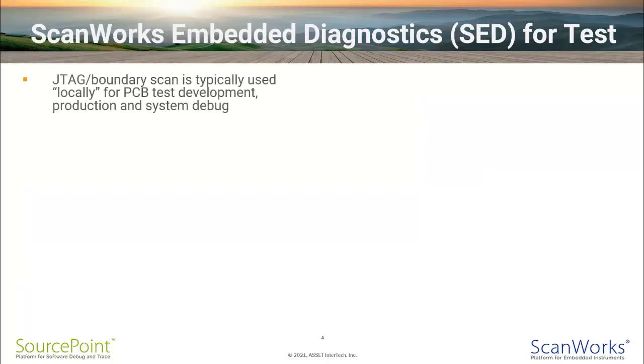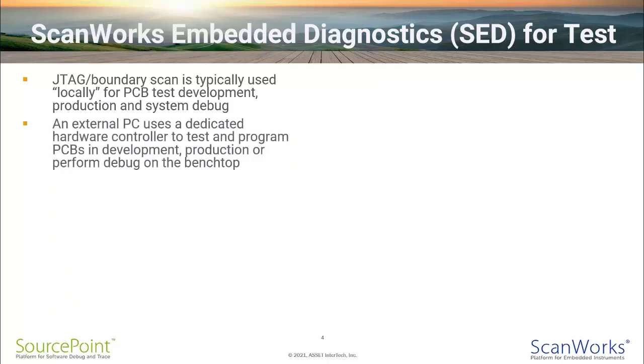So, ScanWorks Embedded Diagnostics for Test. Let's give a brief overview again of just how JTAG boundary scan is used. JTAG boundary scan is typically used locally for PCB test development, production, and system debug. So in a typical application, an external PC uses a dedicated hardware controller to test and program PCBs in development, manufacturing, or to perform debug on a benchtop.